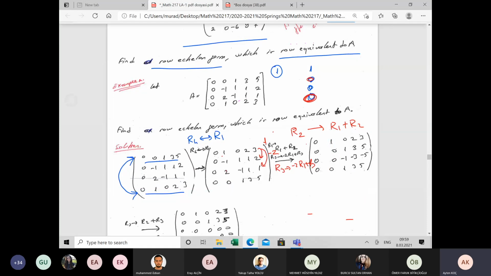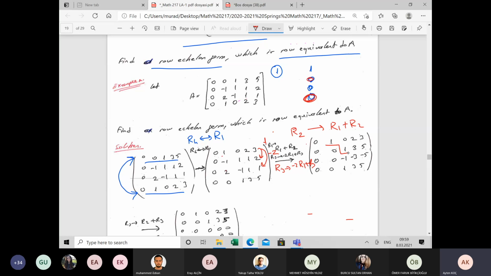To catch the leading entry, 1 and 1. Yes, we have 1. So the next one, we have 1. And next we get 0, 0 in this position. Look at this one. This one should be 0. This one should be 0.